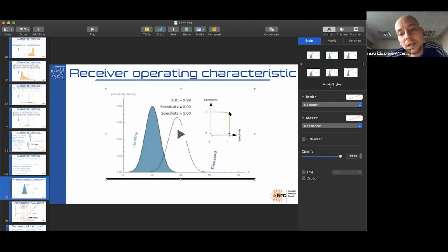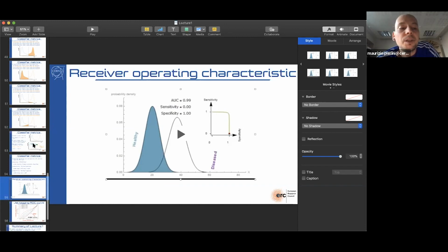So it's 1-1 in this diagram. And the line that you draw while you move this threshold is what is called a receiver operating characteristic curve, a ROC curve. And you would like this curve to approach basically being a square.